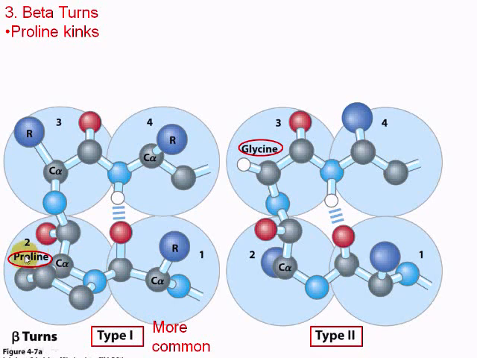And so in type 1 we have proline, which has that, remember that circular R group, and anytime you see a proline it's going to cause like a kink, and so the proline really helps to cause that turn, that kink in the beta turn. And then type 2 we've got glycine, and type 1 is going to be more common than type 2.